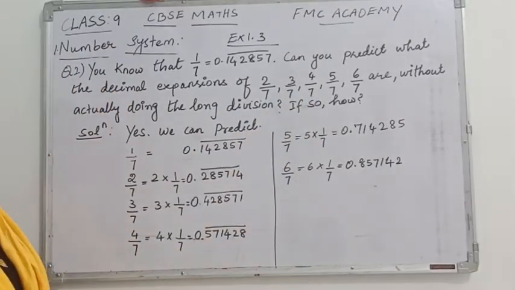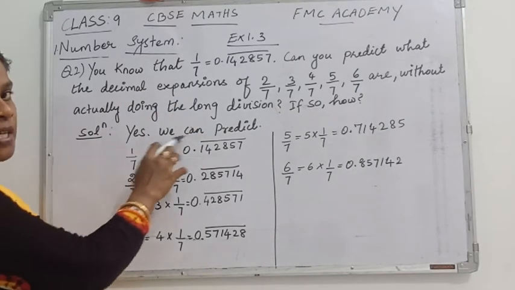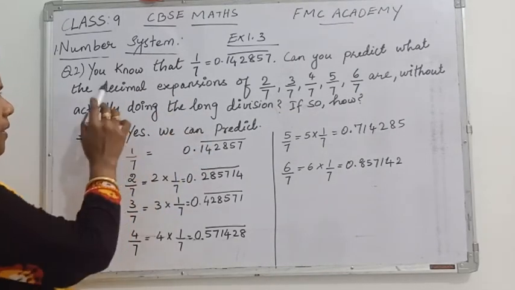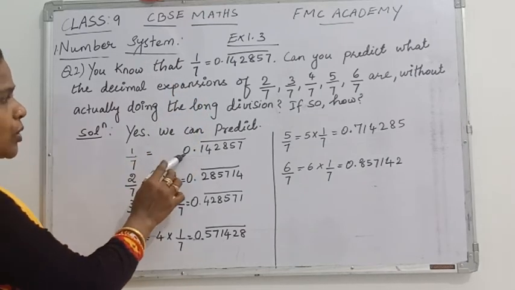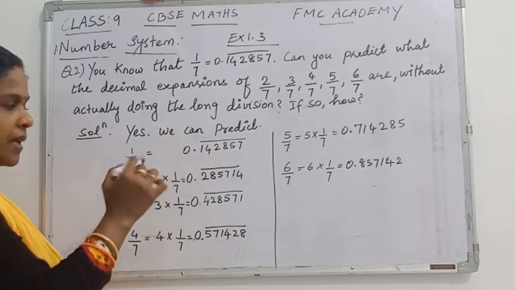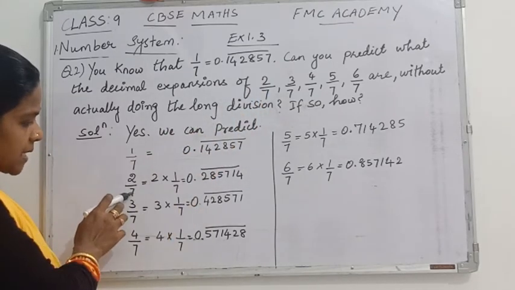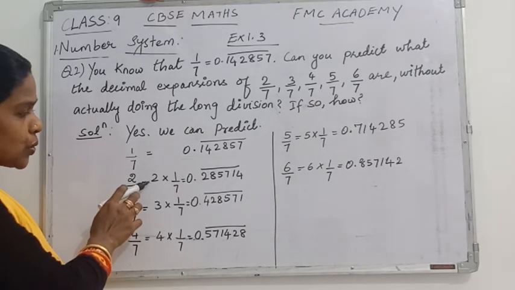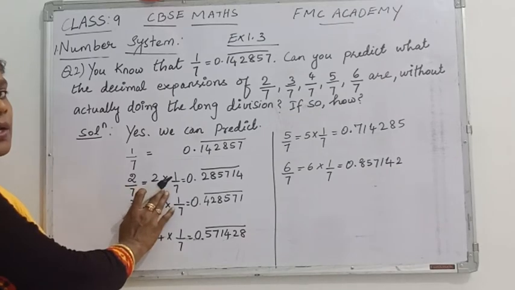Very simple one. For the question, the answer is yes, we can predict. For example, the first one which is given, 1 by 7 is equal to 0 point, the whole set we are writing. Now the second one we have, that is 2 by 7. We can write this as 2 into 1 by 7, the meaning is the same, we are just splitting it.